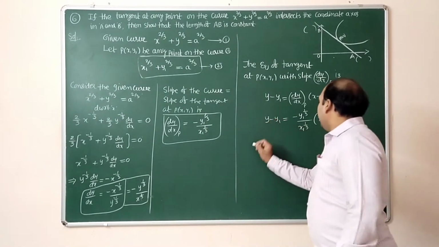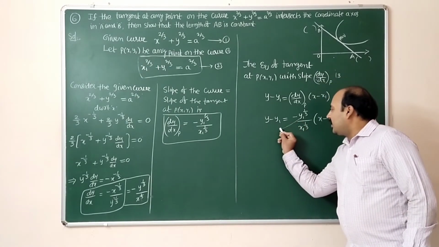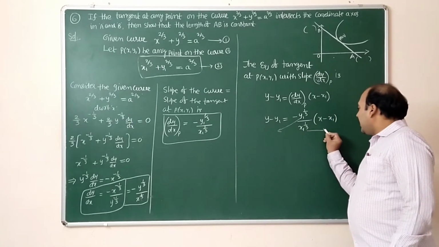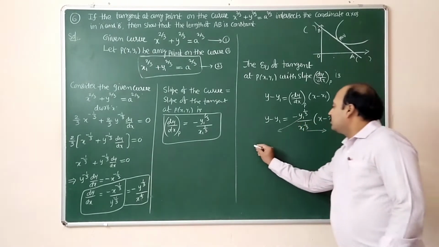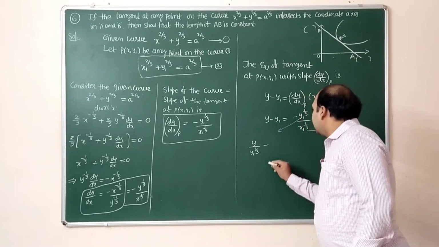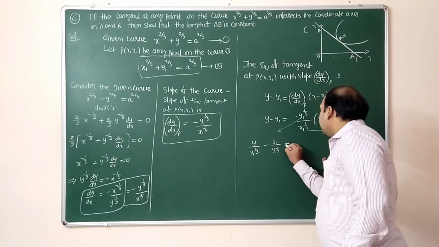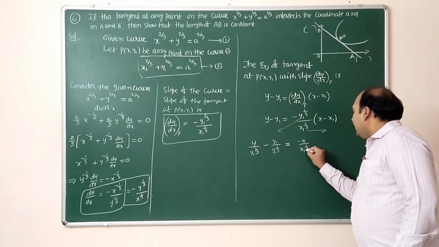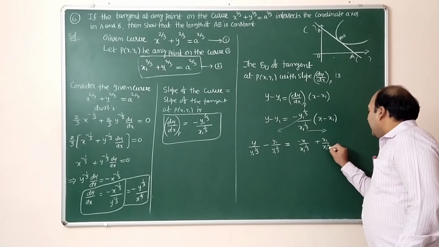Now cross multiply. So instead of cross multiplying, y1 power 1 by 3 we are taking into the denominator of these two terms. After that x1 power 1 by 3 we can divide each and every term of this bracket value including minus. So here y by y1 power 1 by 3 minus y1 by y1 power 1 by 3 is equal to minus x divided by x1 power 1 by 3, minus into minus is plus x1 by x1 power 1 by 3.